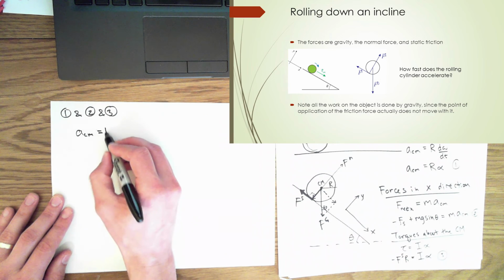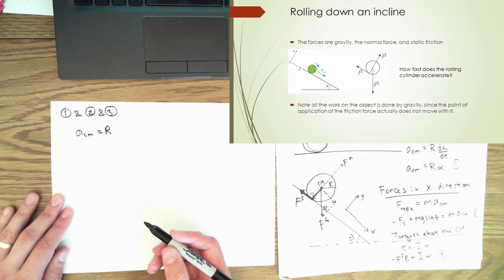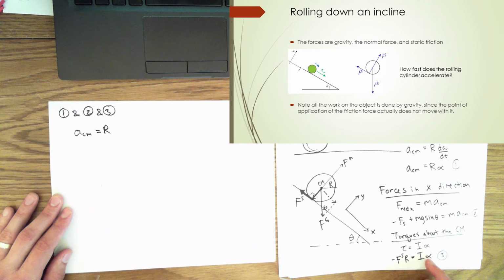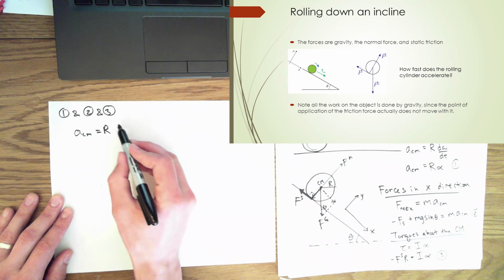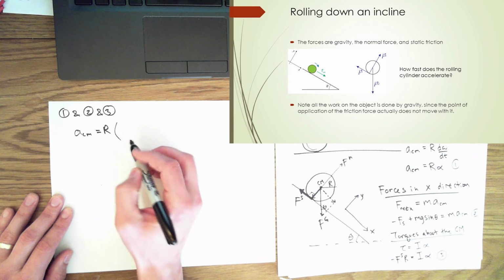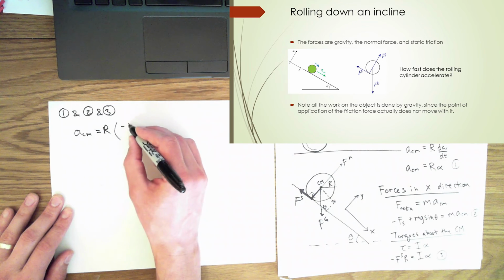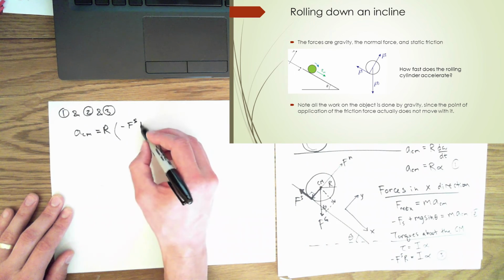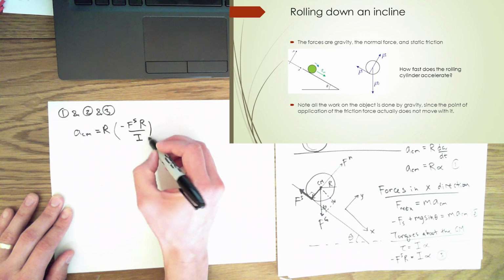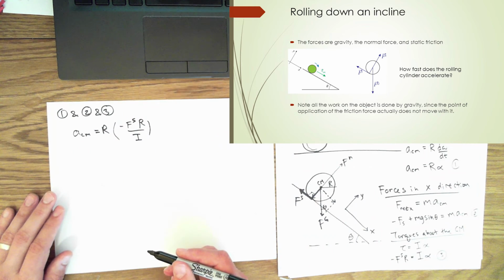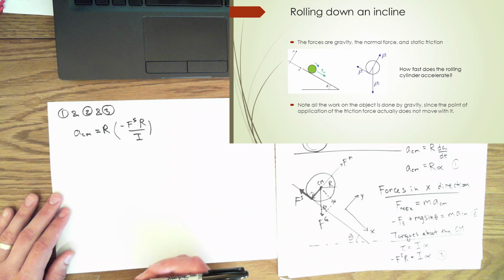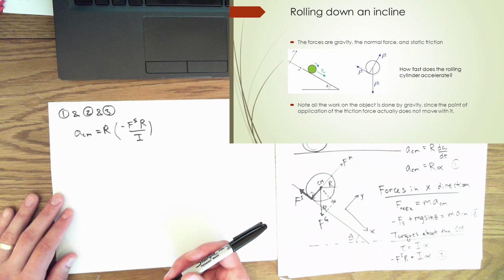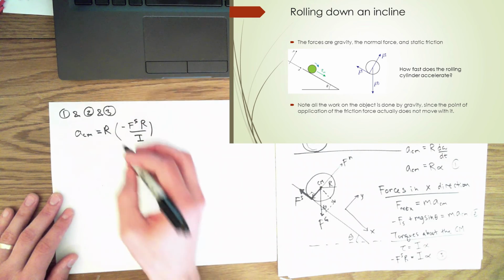a_CM equals r times alpha. And I'm going to use this to substitute in for alpha, minus F_s times r over I. If you solve equation 3 for alpha and plug it in here, I think I need a sign here.